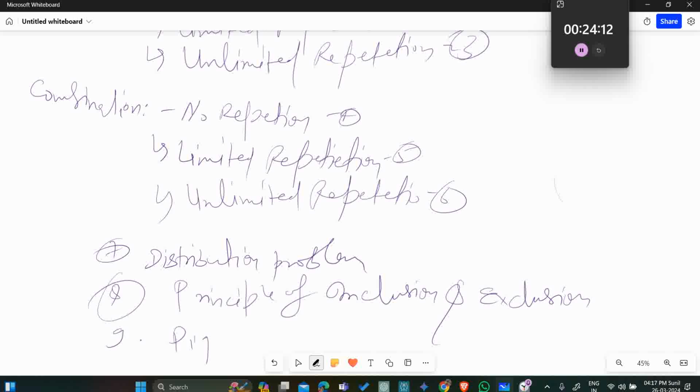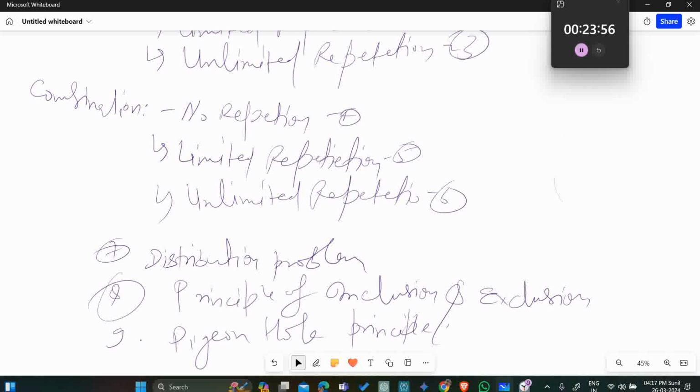Ninth is pigeonhole principle. These are the 9 types of categories of problems in combinatorics, and we will discuss all of them one by one.